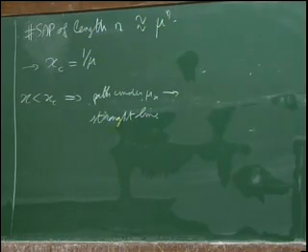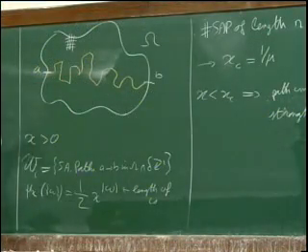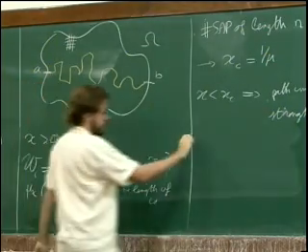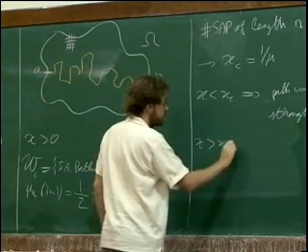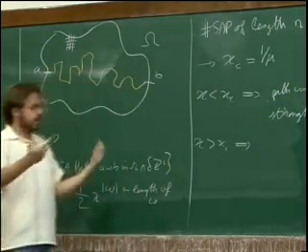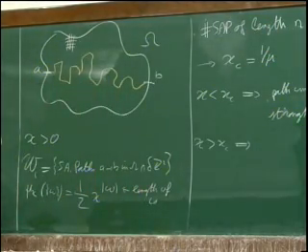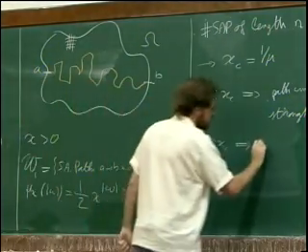So if it's more and more difficult to have a long path, it makes the direct path most likely, and it just goes straight. And if x is bigger than xc, then you want the path to be as long as possible, and you end up with something which is space-filling.